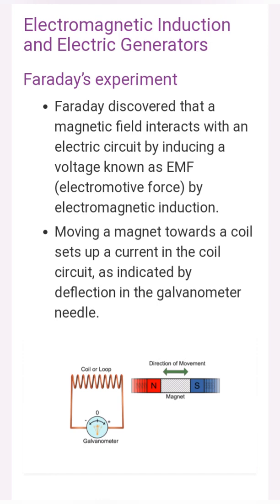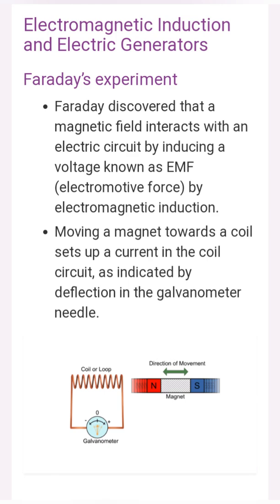You can see Faraday's experiment. There is a coil connected to a device called a galvanometer, which detects the current. A magnet is placed nearby, which can move inside and out through the coil.